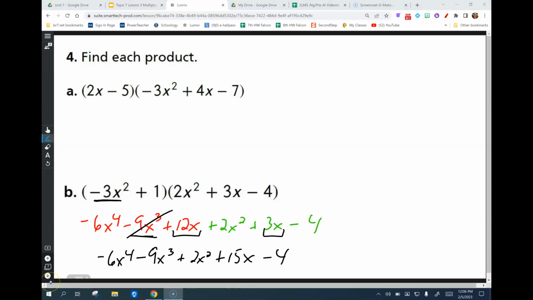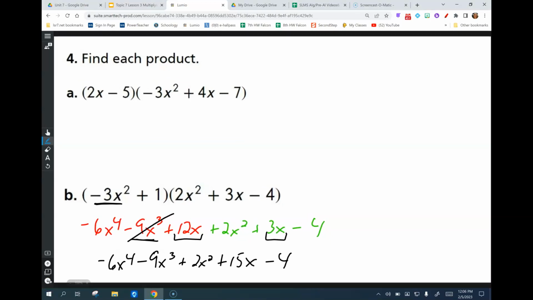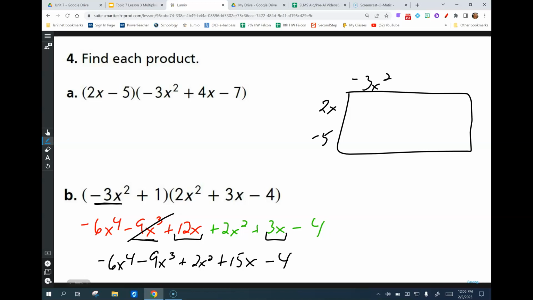Go. So either you drew a box over here, and I'm just going to remind you of what the box method would look like. So I'd have a 2x here and a negative 5, and then I'd have a negative 3x squared and a 4x and a 7, and I would draw a box. So if you do box method, this is what's happening. I'm going to do distributive, so I'm going to take 2x times everything.